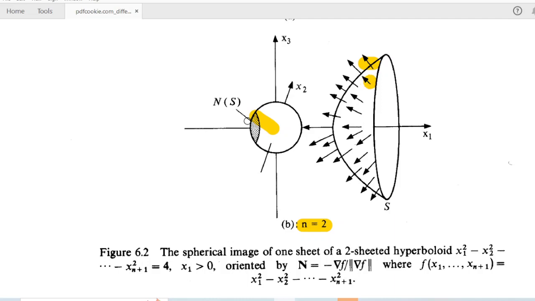Similarly, if we consider this one, it will touch at another point. These are the translations that happen from S to S2, and the points at which the normal vector field touches our sphere form the spherical image of the oriented 2 surface.